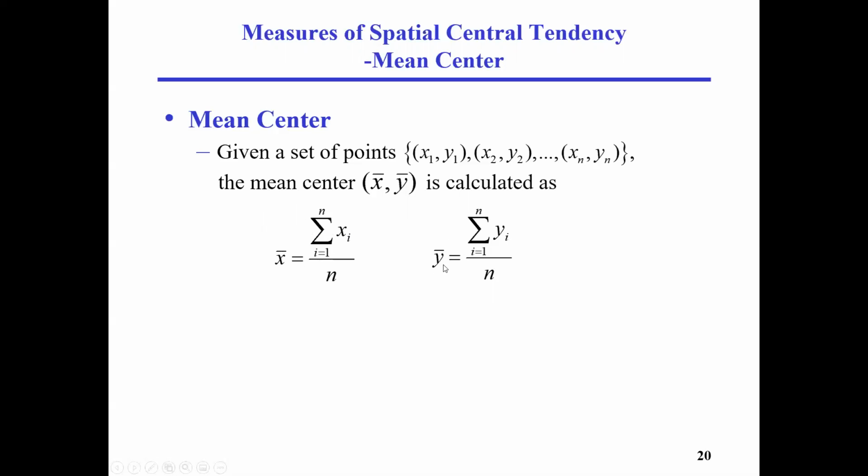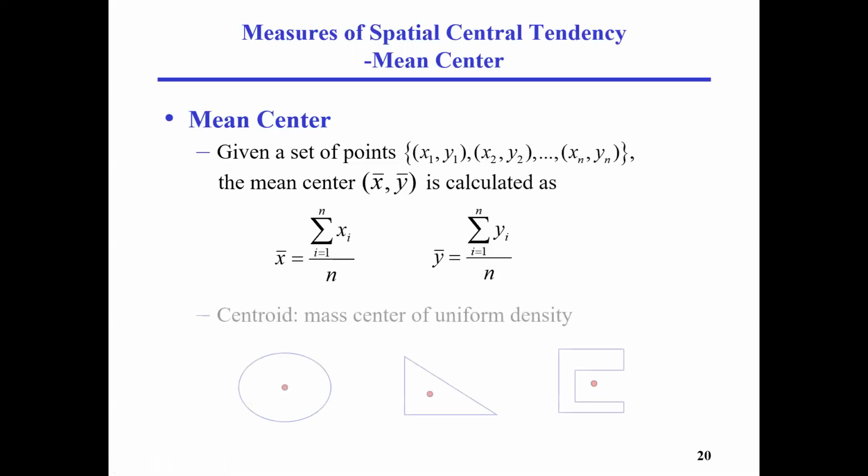Similarly, you will find a coordinate for y. These two coordinates, one is actually x bar, another one is y bar. And you use x bar and y bar to find a point within this space. And that point is the mean center of the set of points. Okay, so this is mean center.